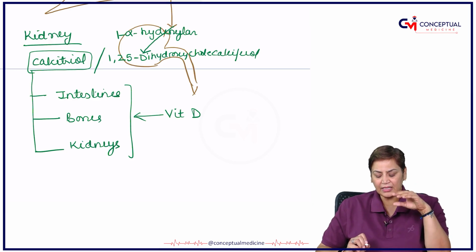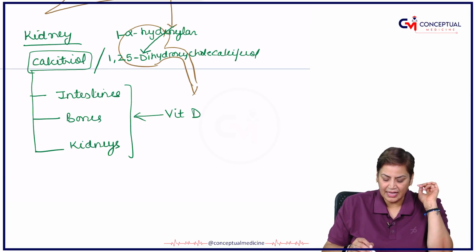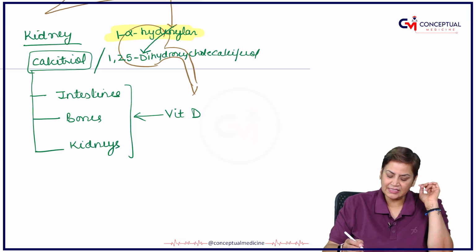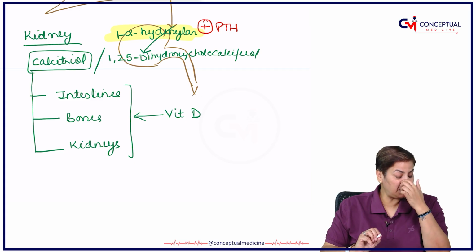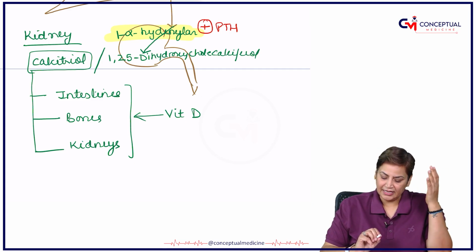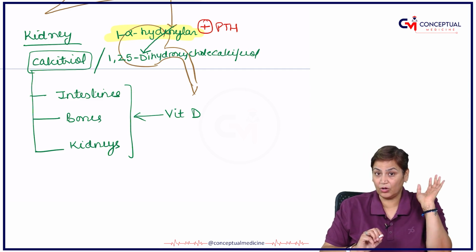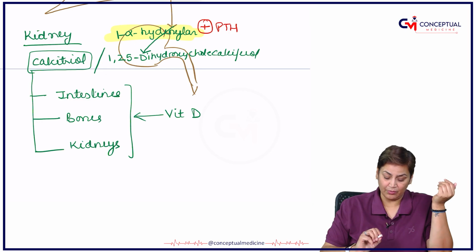Okay. Now another important point about this is, this 1-alpha hydroxylase is always activated by parathyroid hormone. Very, very important. Because I told you vitamin D, the main role is that it helps in regulating the calcium and phosphorus metabolism. How does it regulate calcium and phosphorus metabolism?